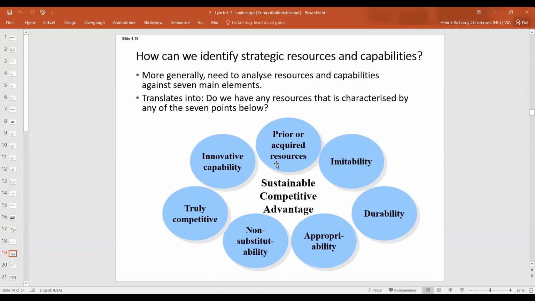Well, these are 7 different areas that Lynch is talking about. He's saying that we have to analyze resources and capabilities against 7 main elements. When I translate that, it is easier to understand as: do we have any resources that are characterized by any of the 7 points below?